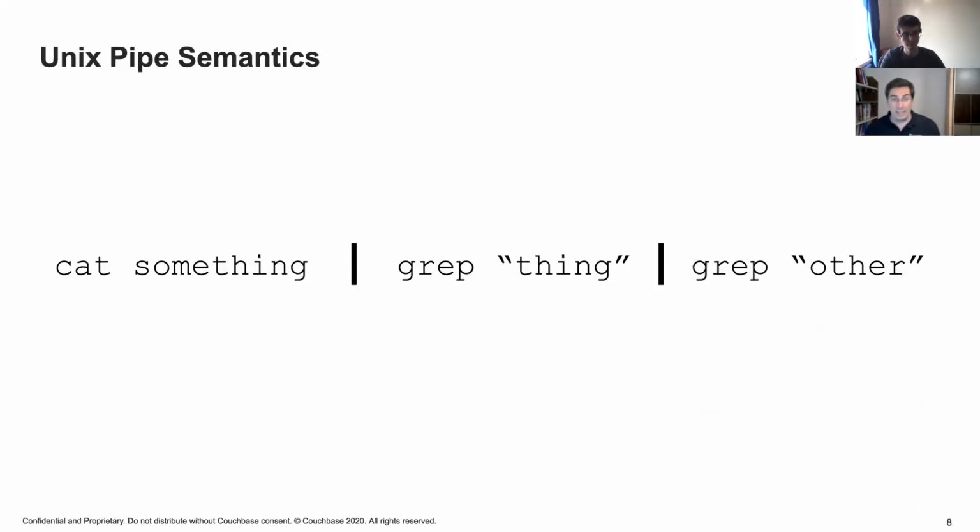So if we take a step back, I assume you're familiar with the Unix pipe semantics, right? If you're running in a traditional shell like Bash, you run a command called cat, and you load a file, and then you can use the pipe operator to move data, basically the output from one command, into the next command as an input. So you can transform your data.